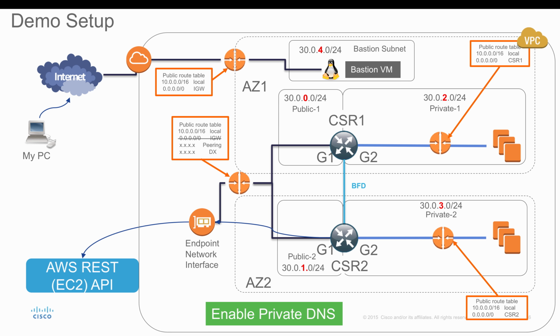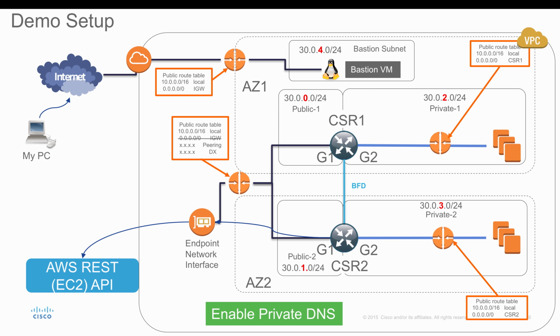But in this case, I created a bastion subnet where you have a bastion VM running in a different subnet. So you can see that's 30.0.4.0. Because that VM will have an elastic IP, I can reach that VM via the internet.